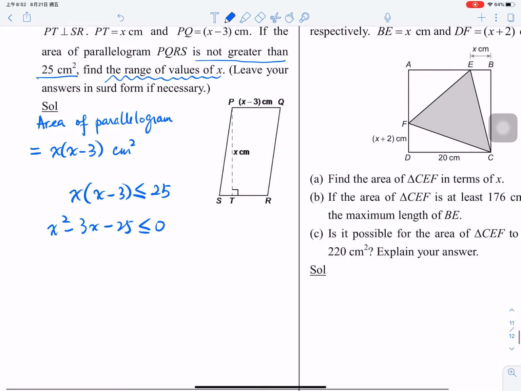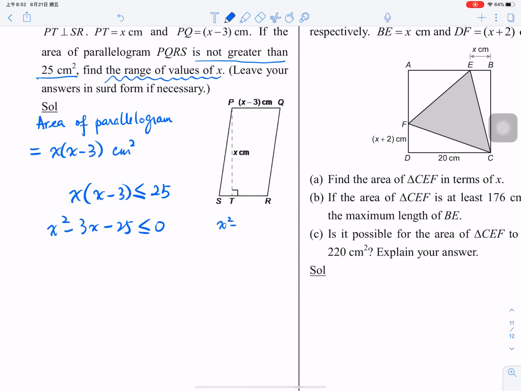And you need to think, maybe I write here x squared minus 3x minus 25, because this one cannot factorize, so think about using the quadratic formula. Negative b plus or minus the square root of b squared minus 4ac, over 2a.